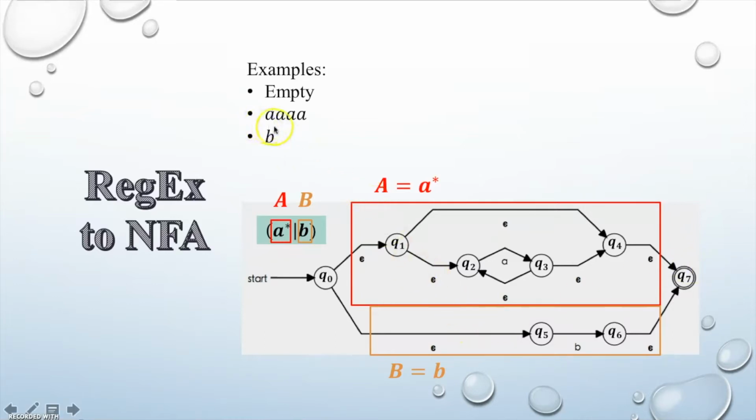And if we have multiple A's, such as these 4 A's, then we first need to go through these 2 epsilons, and then we will loop in this loop 4 times, and then we will go through the epsilon edges again, and then we reach our final state. If we have the single B, this one's easy. We just directly go through this epsilon, and then go through B, and go through epsilon again, and then we will reach the state that we accept.